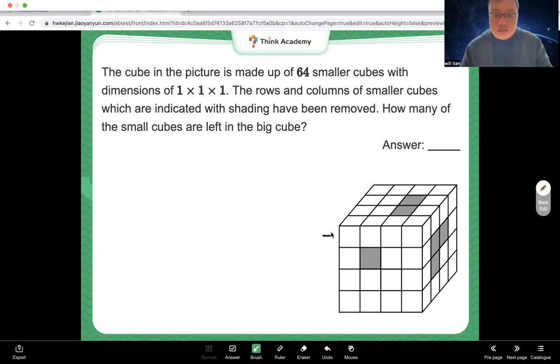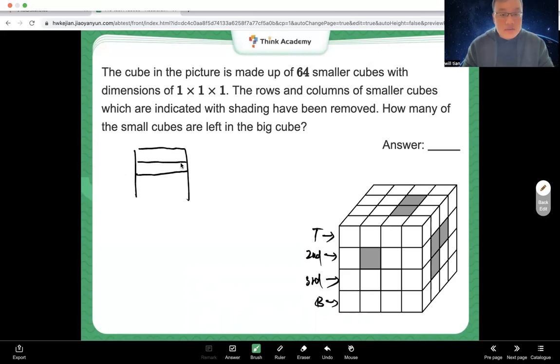We have to cut that into different layers. Top layer, second, third, and bottom. This is the top layer. This is the bottom layer. Second layer and third layer, right? So for the top layer, you can draw that, which is a 4 by 4 for each layer, right? This is the top. So guys, I hope you can draw the same as mine.